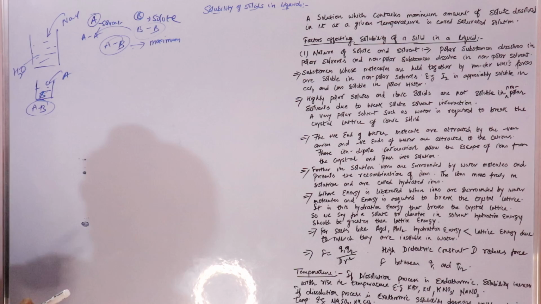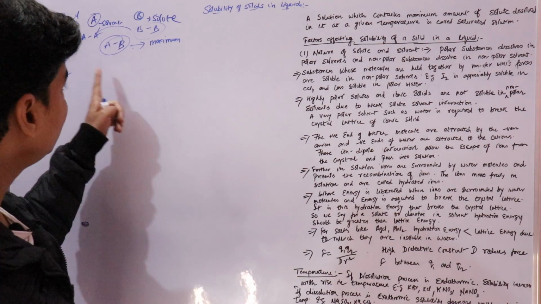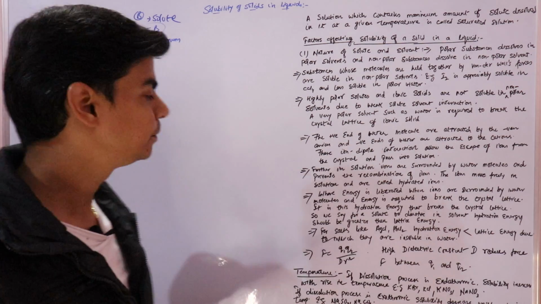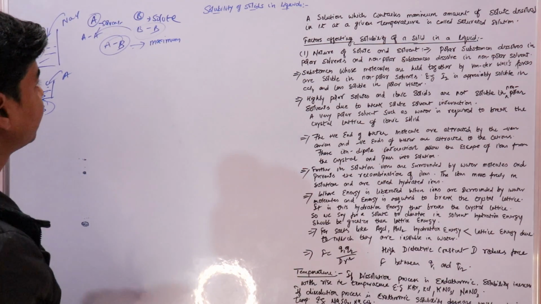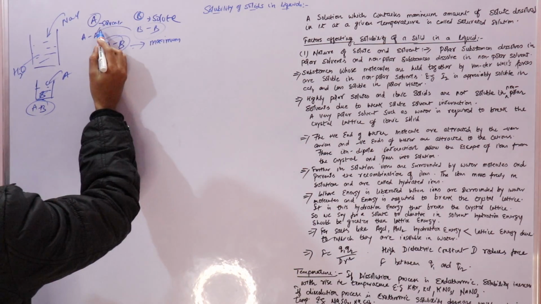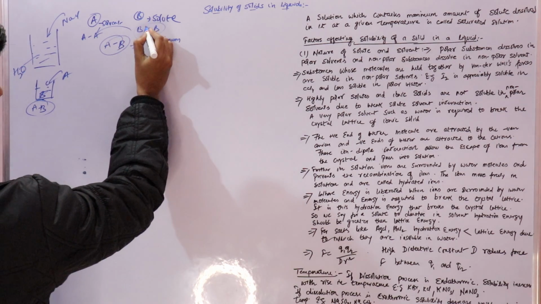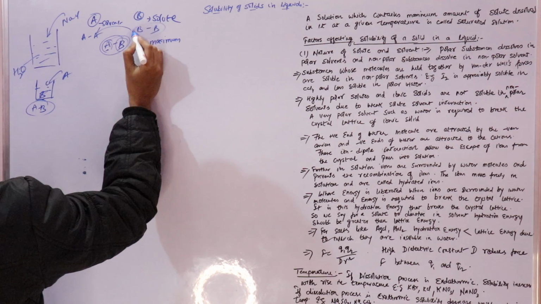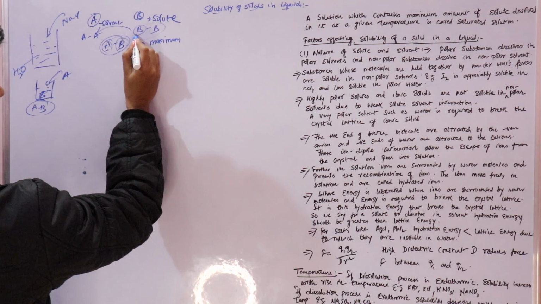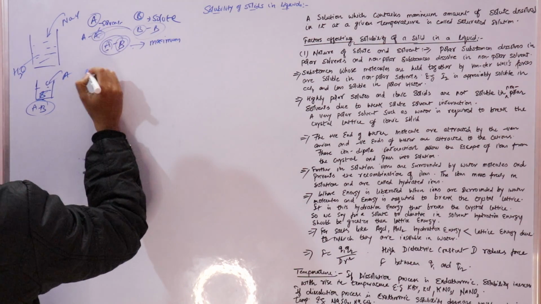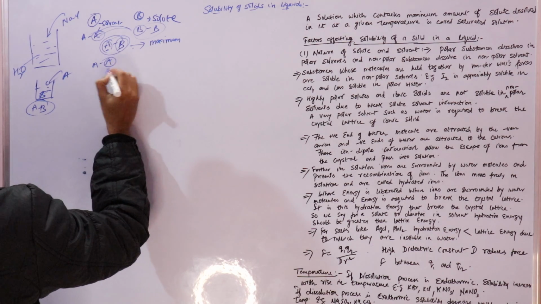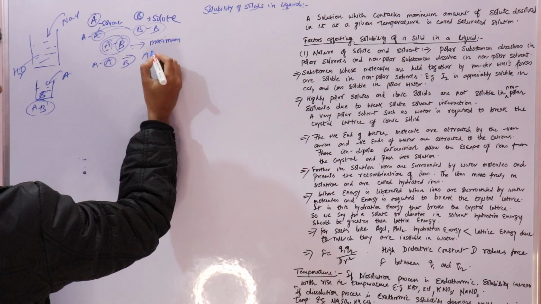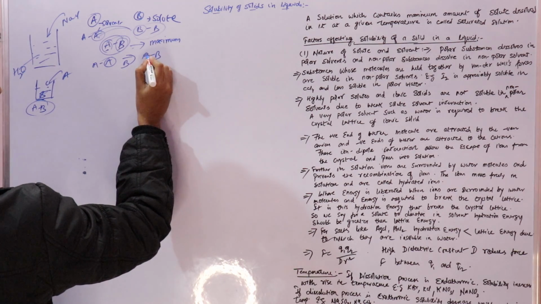Only then will solute B get dissolved in A. If you just imagine this, when it forms AB, B is replacing some A molecules, and it will form AB.